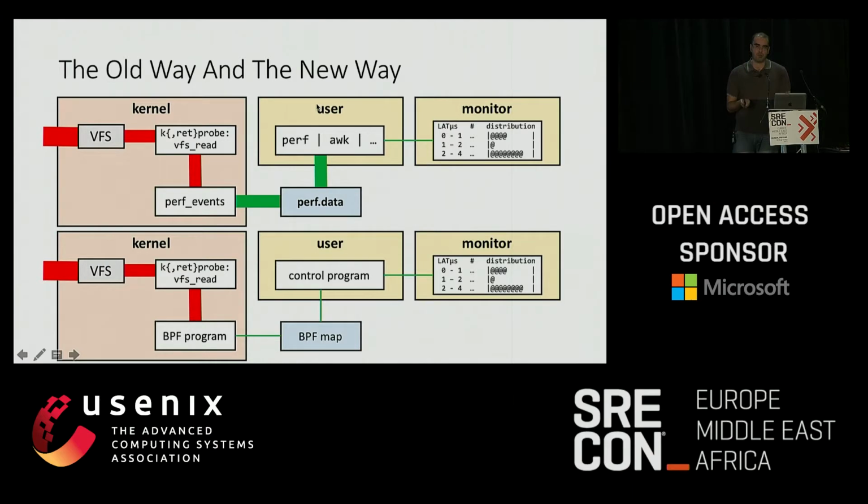The BPF way of doing things, which is a technology that was introduced in Linux a couple of years ago, is that the aggregations, the summaries, the flame graphs, they all get generated right at the source, right in the kernel. And the only data that you have to share with user space is a small summary which can be displayed immediately and doesn't require any expensive post-processing. And you also end up discarding all the data you don't need.